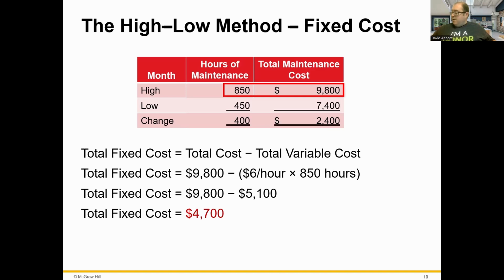So we would take the total cost at either activity level, in this case 9,800, deduct the variable cost component of 5,100, and that gives us the total fixed cost.